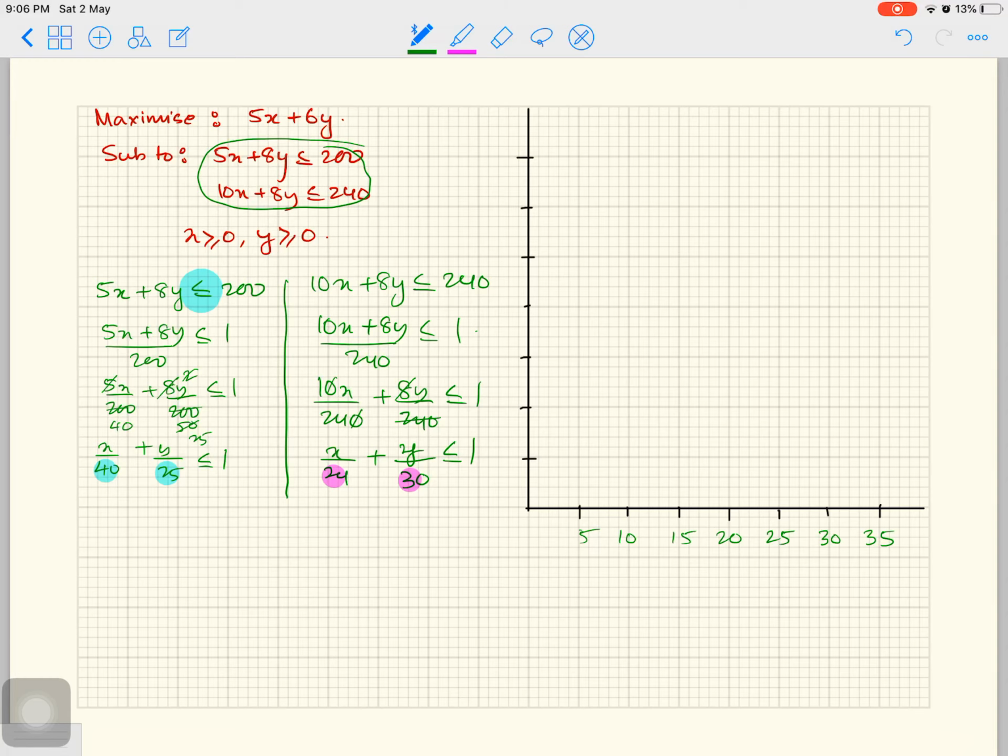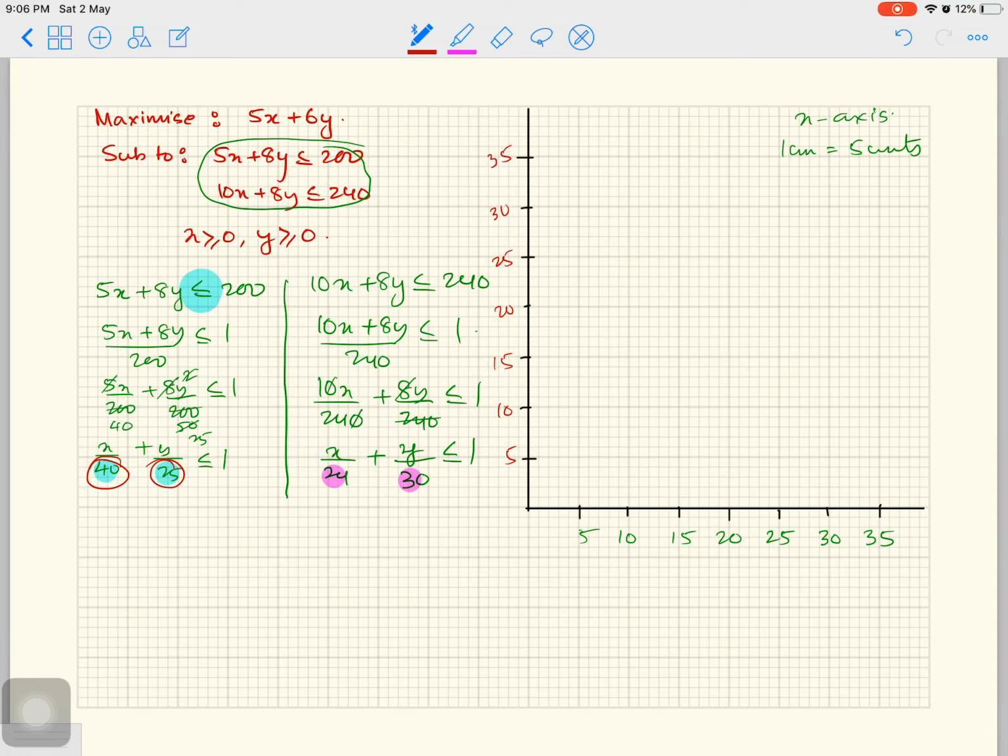So on the x-axis, the scale is 1 centimeter equals 5 units. The same thing on the y-axis: this is 5, this is 10. Let me do that in a different color. So that would be 5, 10, 15, 20, 25, 30 and 35.